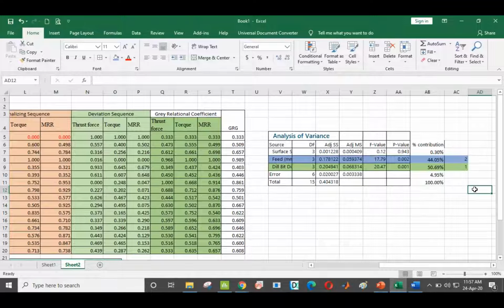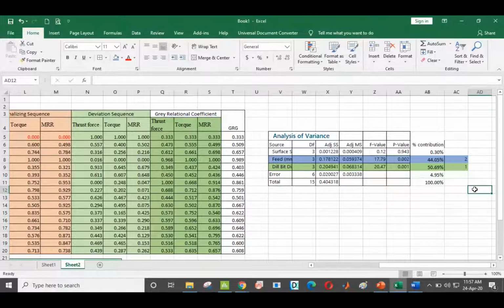So finally, with the obtained optimum condition, we have to carry out an experimental study, and then we have to validate the results. And only then can we tell whether this approach is perfect or not.